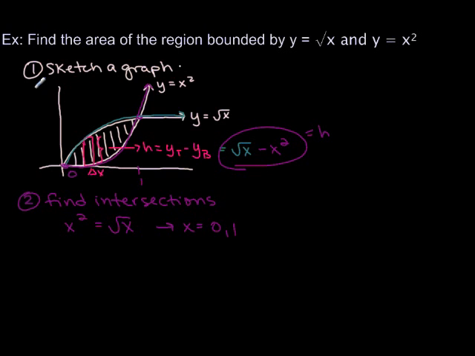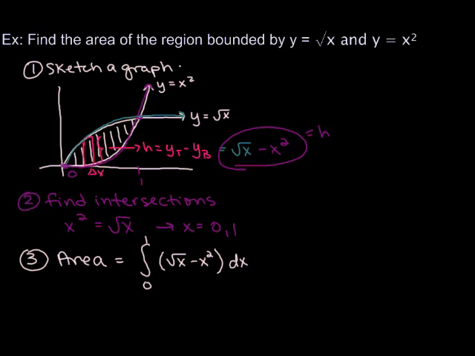So now setting up our area problem, our area is going to just be the sum of all those rectangles going on the x-axis from 0 up to 1 of the height of each of those rectangles, which is the square root of x minus x squared, times the length of the base of each rectangle, which was delta x, and that is the same thing as dx.